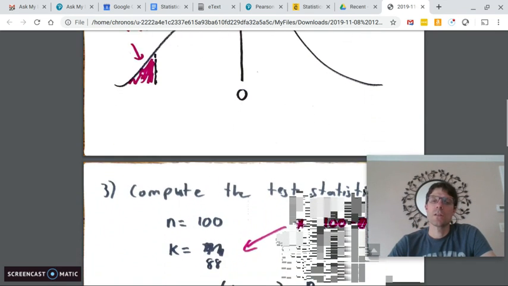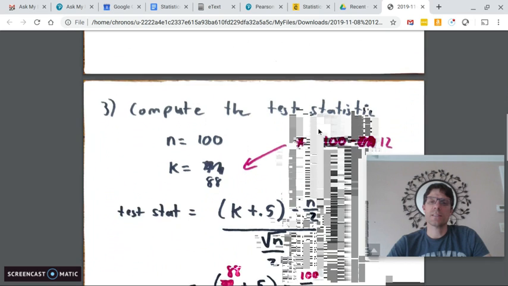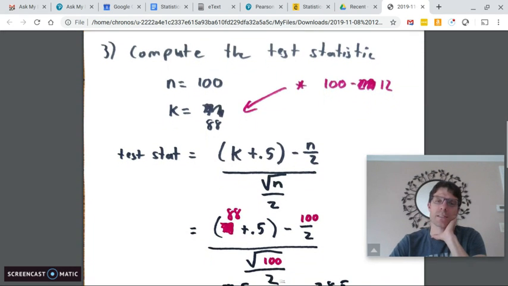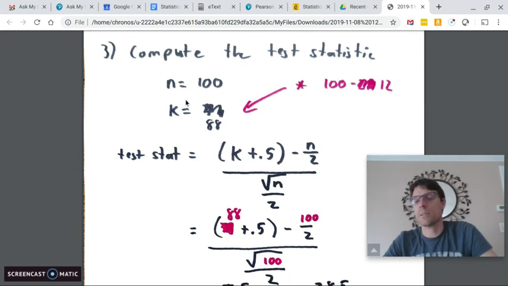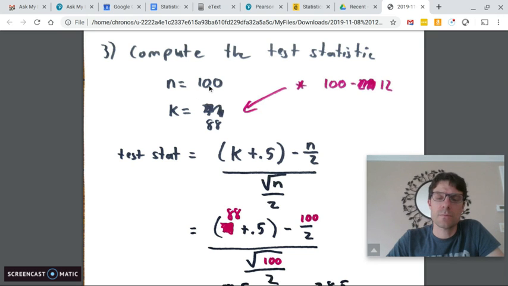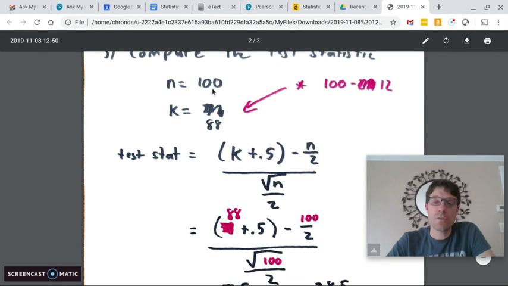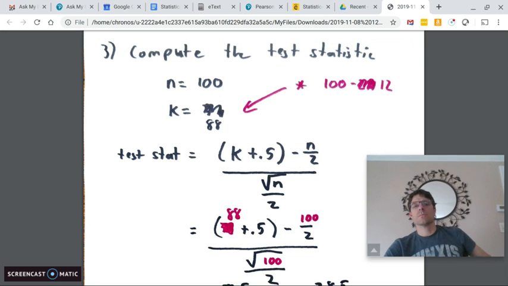Okay. So here we're going to compute the test statistic, and forgive the scribbles. I used a number from a previous problem instead of this one, so I had to correct it without rewriting everything. But N is 100. That's the number of pluses and minuses. There's 100 men and women.